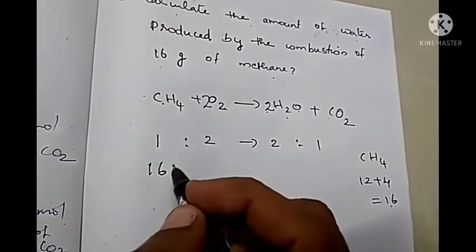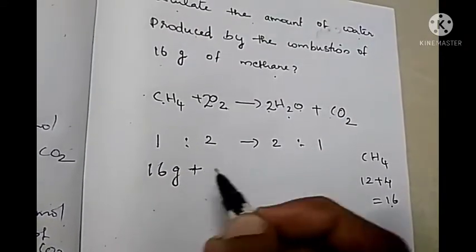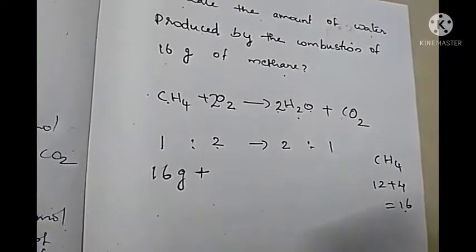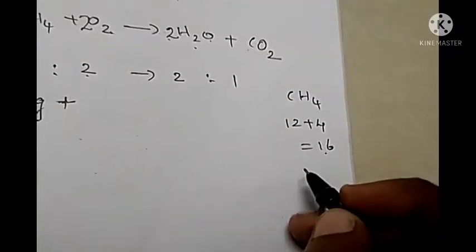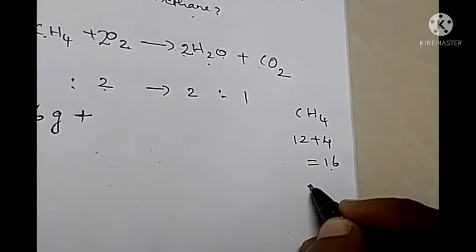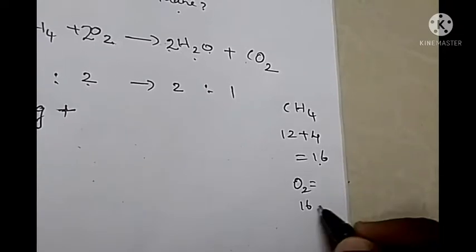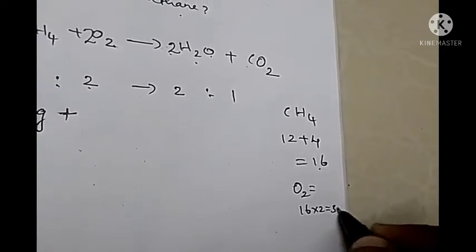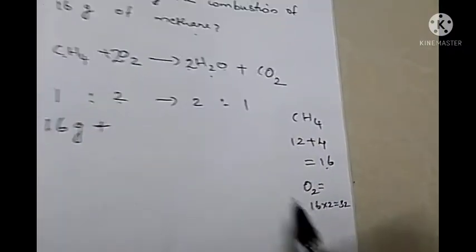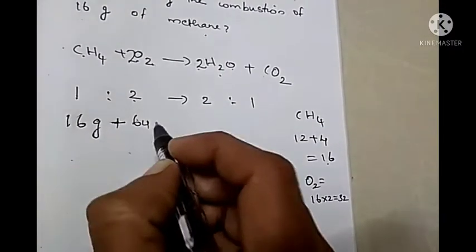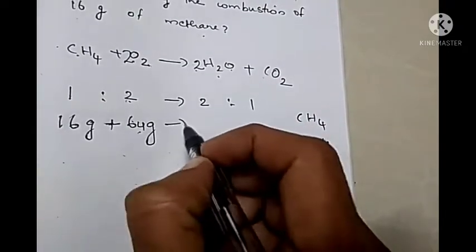Here 1 mole of methane we have taken, so that means 16 gram of methane, plus oxygen, 2 moles we have taken, and what is the mass of 1 mole? Oxygen O2 means 32. O2 means 2 oxygen atoms are there, that is 16 into 2, equal to 32. Then here 2 moles are there, so 32 into 2, 64. So 2 moles of oxygen means 64 gram of oxygen.